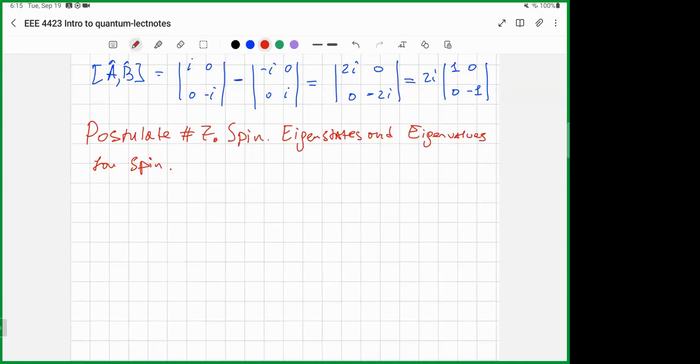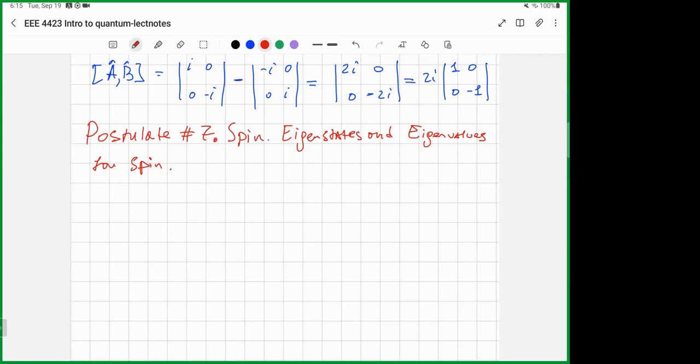Here are the properties. Okay, so what is spin? Spin is an intrinsic angular momentum of a quantum system, right? And this quantity doesn't have any classical counterpart.